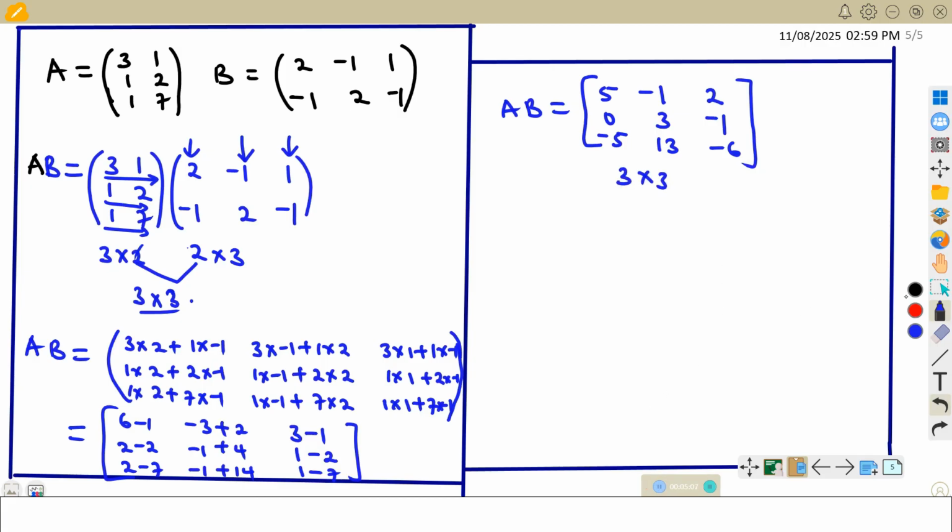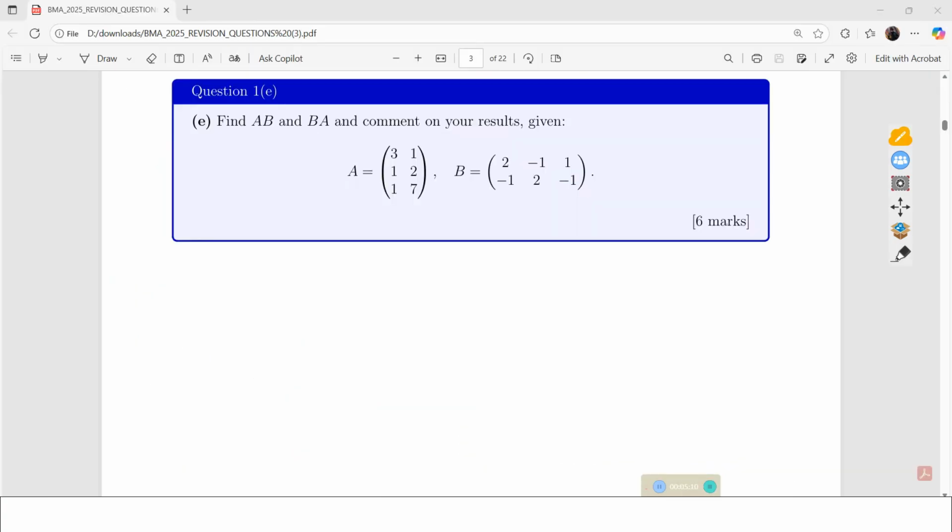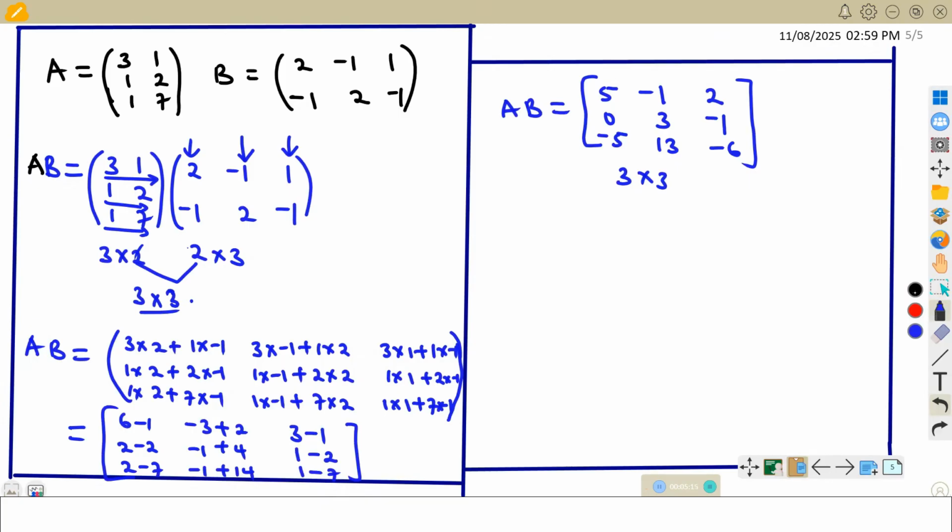Having got AB, the question wants us to get AB and BA. So next let us look at BA. BA is the same as beginning with B, 2, negative 1, 1, negative 1, 2, and negative 1. We have to multiply this by 3, 1, 1, 2, 1, and 7.